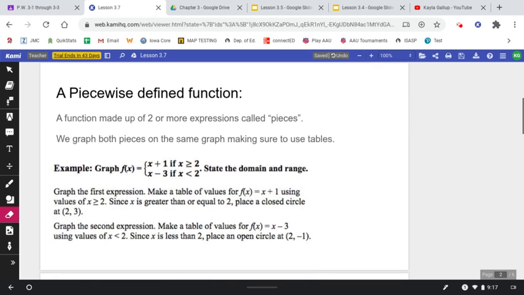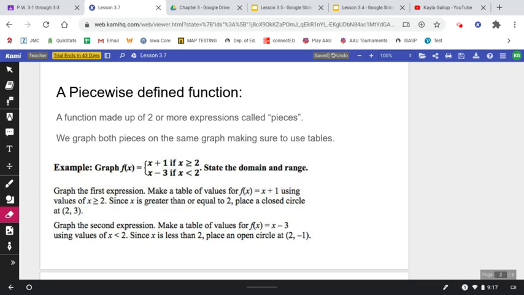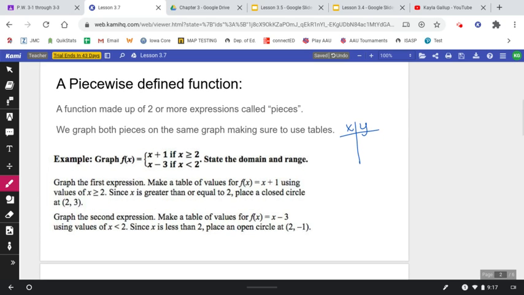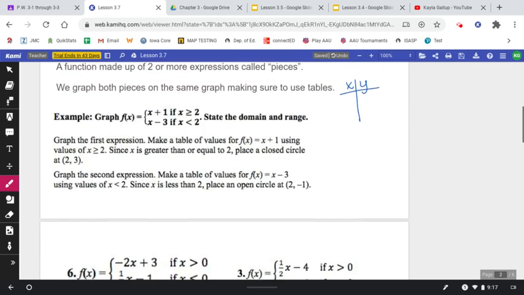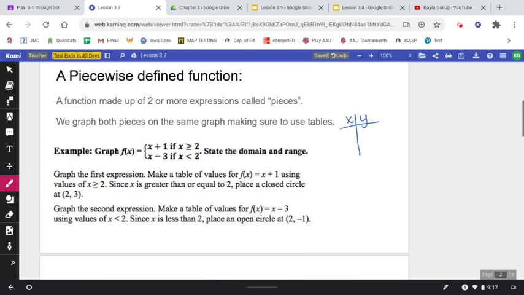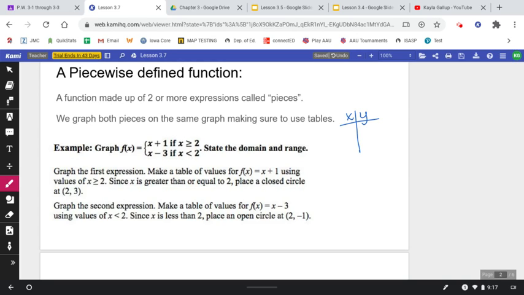How we're going to do that is we're going to use tables, XY tables. For these examples, we make a table for each part. We're going to graph just the sections that are listed, and then we're going to state the domain and the range.